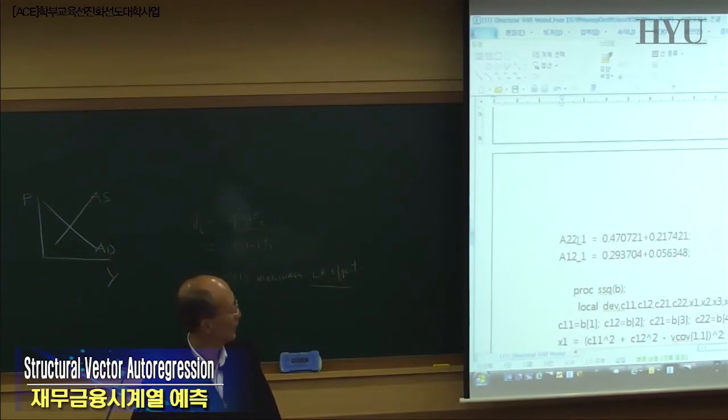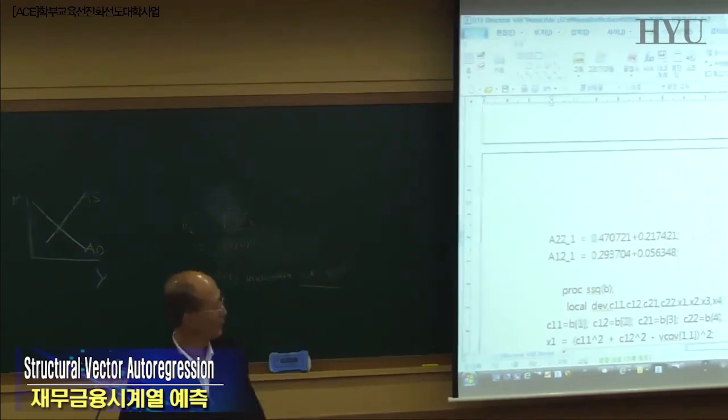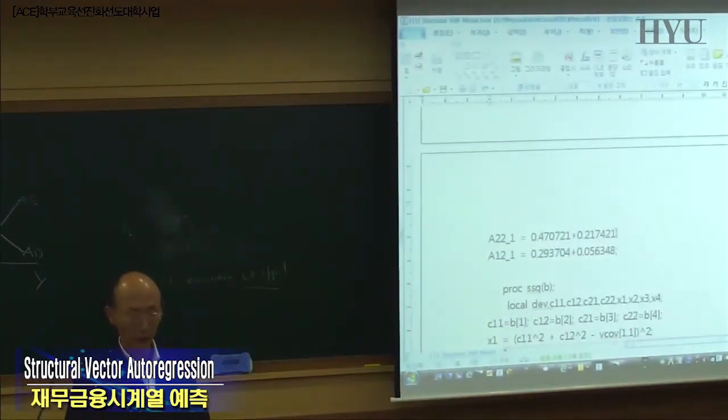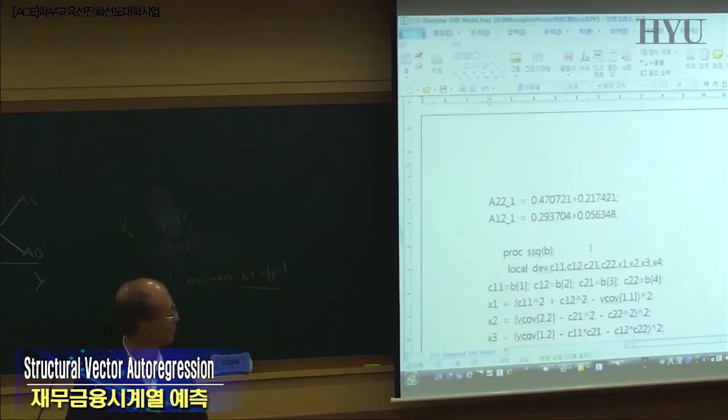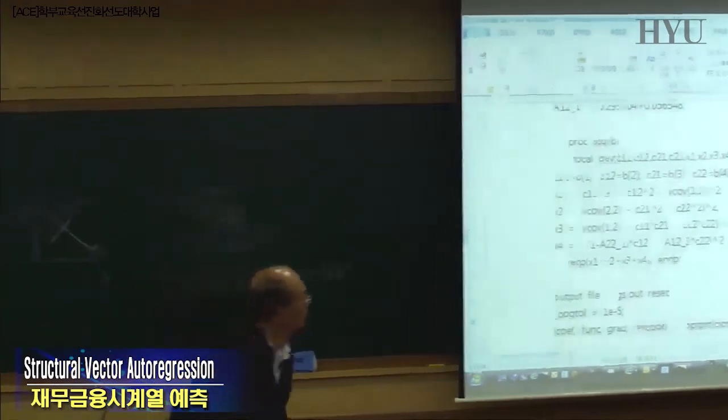A22 of 1 is the sum of these two coefficients, and this one. These are from VAR estimation, right? And this is the objective function.